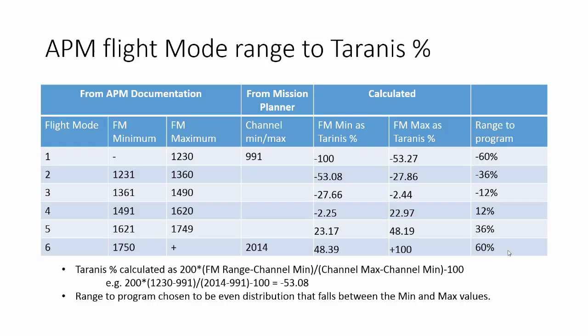What I am doing is taking the value and converting it into a percentage. So that's a microsecond value into a Taranis percentage. So 991 would be equivalent to minus 100. 2014 would be equivalent to plus 100.